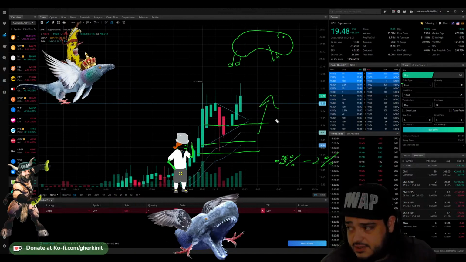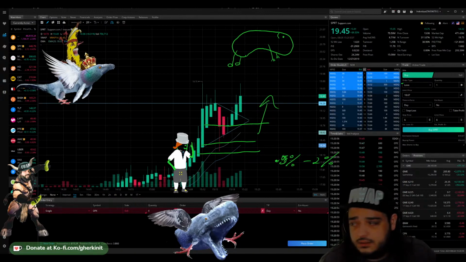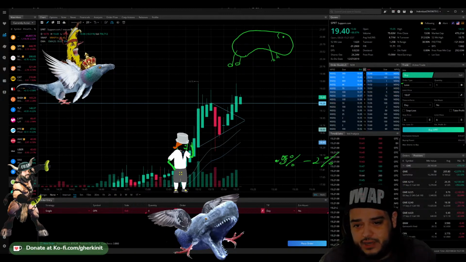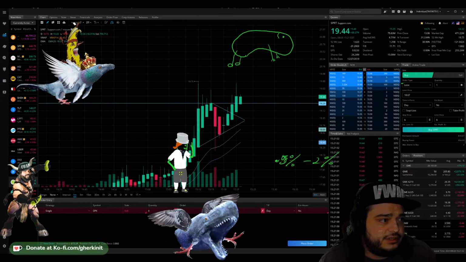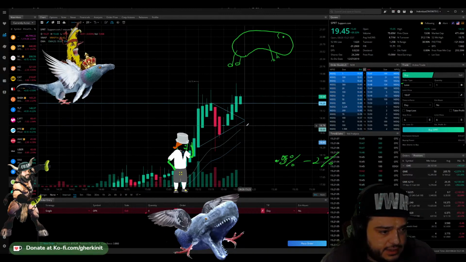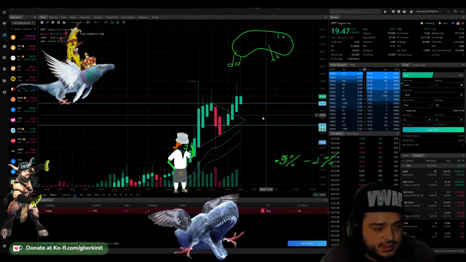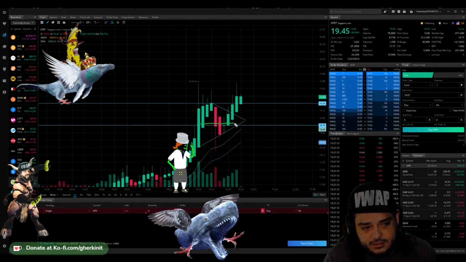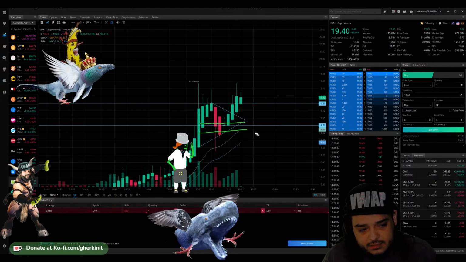Do you guys see that resistance line there? This is almost like a manual trailing stop. You have a resistance right here that you can see, so you can move your stop up to that resistance and move your limit up to there, right?